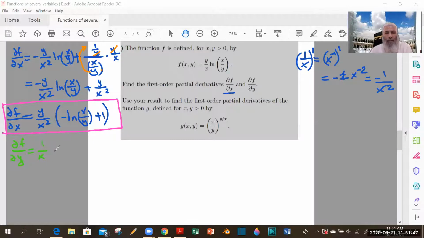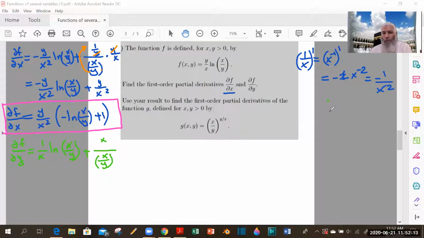Multiply by the second, which is ln x over y, plus the derivative of the second, which is x over y in the denominator, the bracket, and the derivative of the inner part with respect to y. Again this is 1 over y, the x is the same.